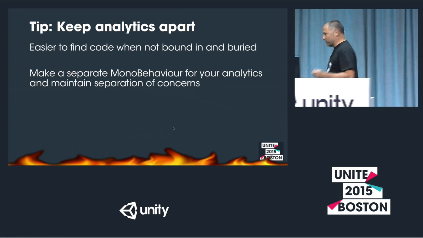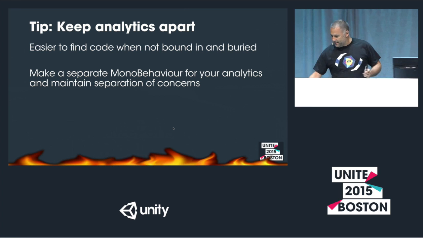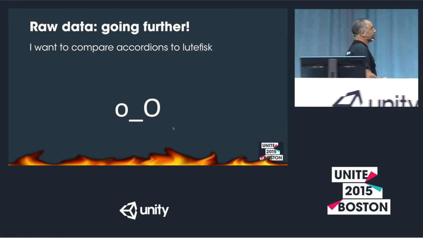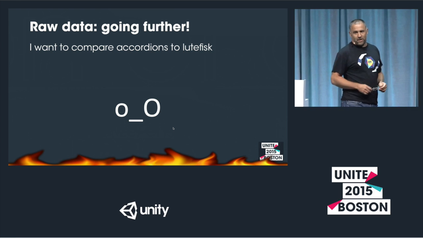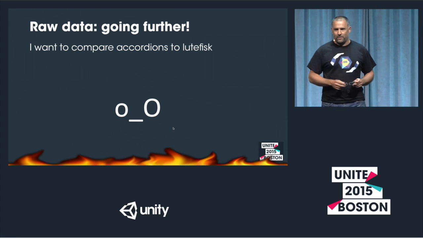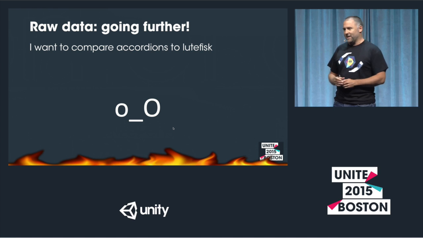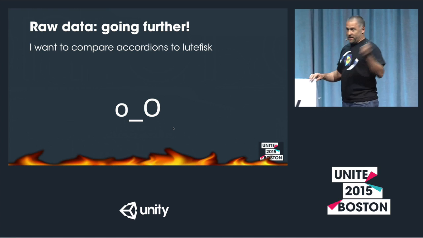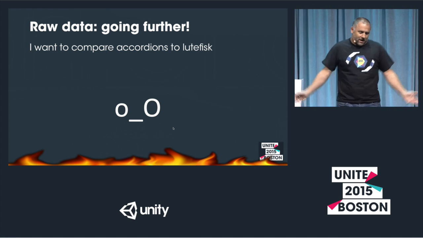So the first one is called raw data. You want to compare things that we just haven't thought about, right? We decided that we can only cover a certain amount of stuff.